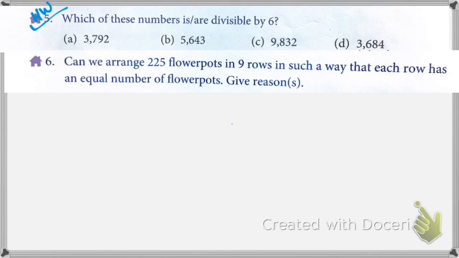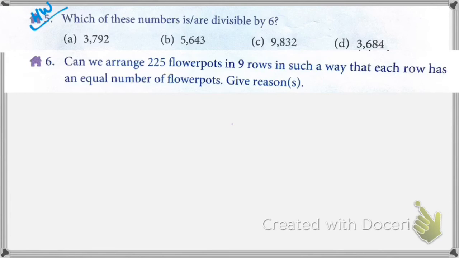Question 6 says, can we arrange 225 flowers in 9 rows in such a way that each row has an equal number of flowers? If this number is divisible by 9, then we can arrange it. So students, 2 plus 2 is 4, and 4 plus 5 is 9. So the sum of the digits of 225 is 9.